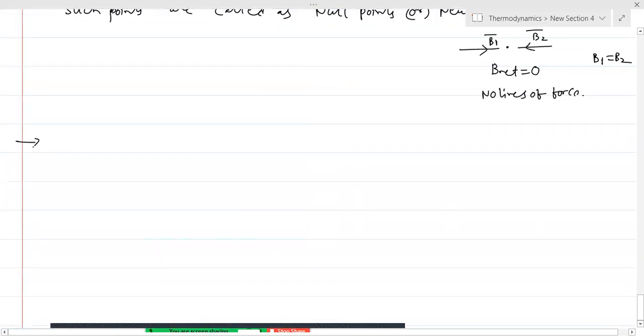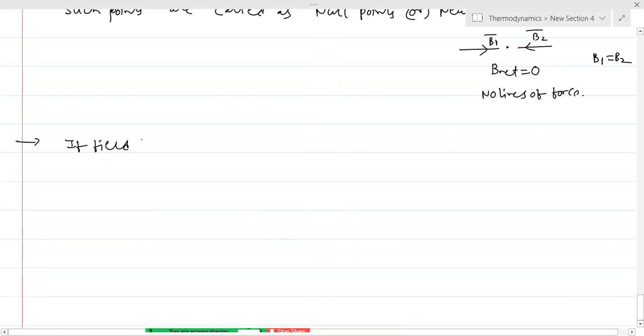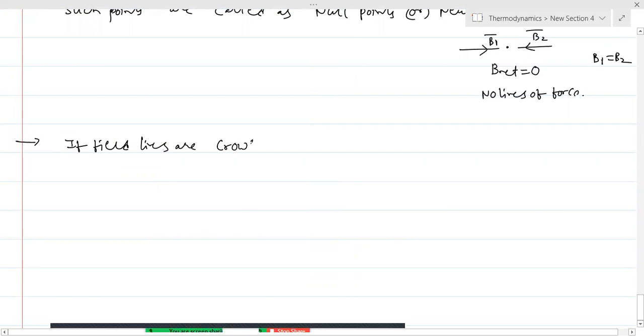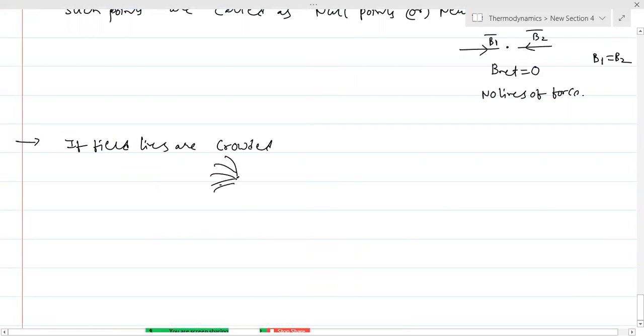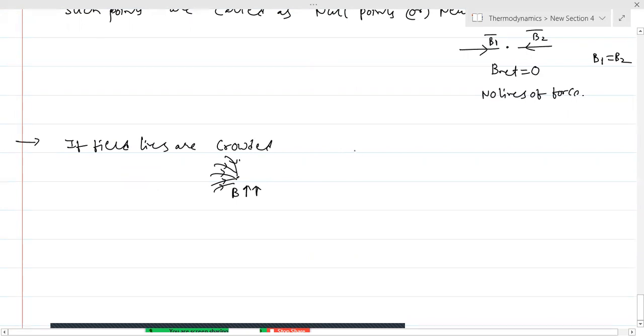And we will take that if field lines are crowded or denser, for example at this point if we see more number of lines of force, so we will say that the magnetic field intensity is more, the magnetic field induction is more.